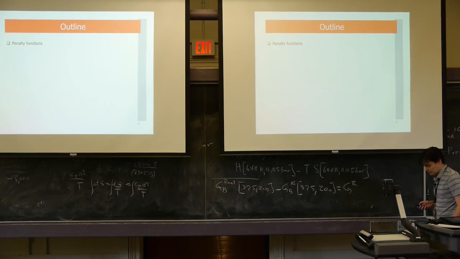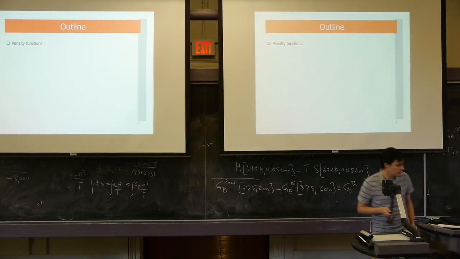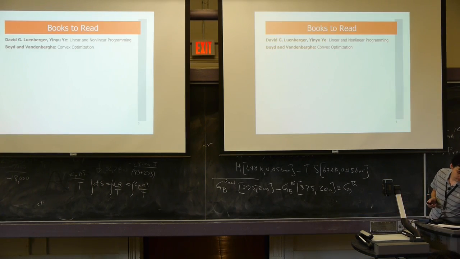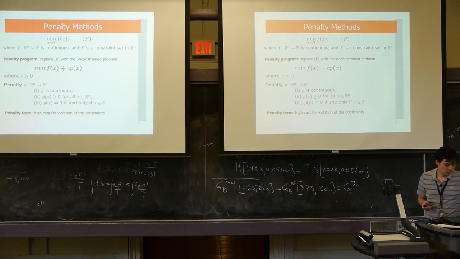So let's quickly review what we discussed last time. You remember our goal is to minimize a function f over a set S. And we denote this problem with P as our primal problem.